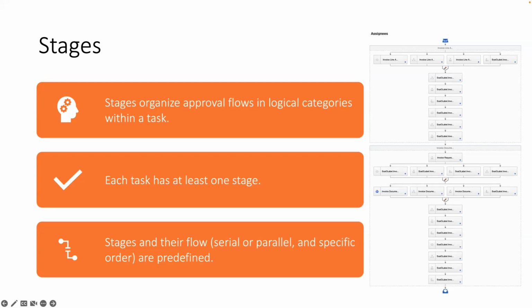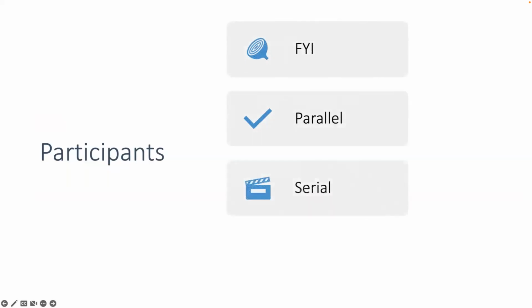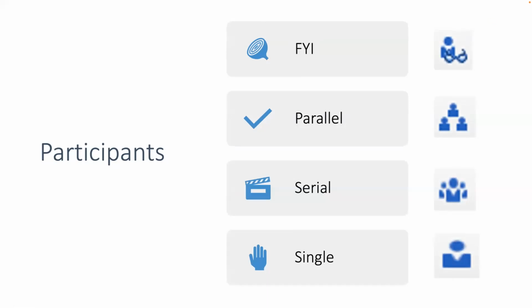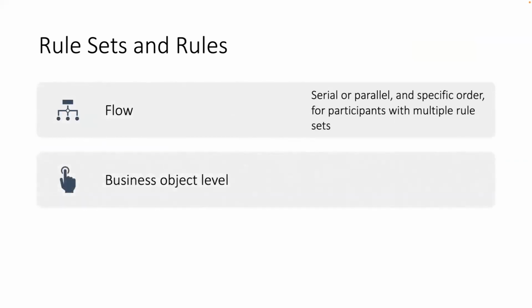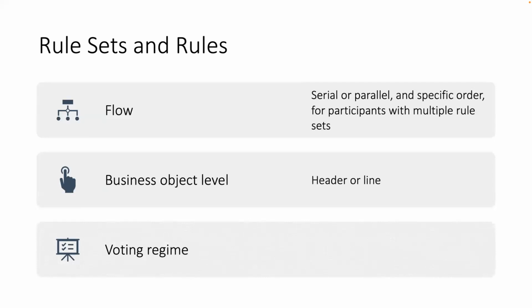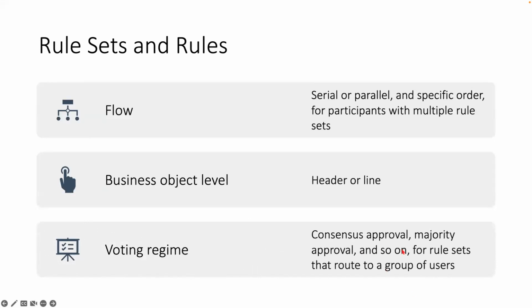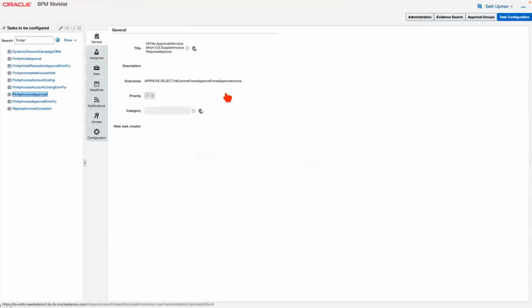Other things that you have are your participants. So you've seen different types of participants, which we've mentioned. You have rules. You can also have rule sets, which will flow in this specific order. You have business object level, which could be your header and lines. And then you have your voting regime, which I mentioned earlier on. Consensus approval, everyone agrees, majority approval, and so on. So you can define all of this. And the key in terms of builders, when I say builders, I'm talking about when you look at this.